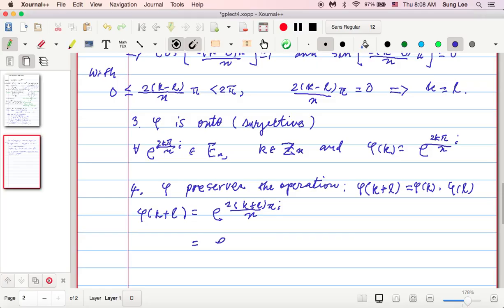So that's the same as e to the 2k pi over n i times e to the 2l pi over n i, and the first is phi of k, and the second is phi of l. So we are done. This actually completes the proof.